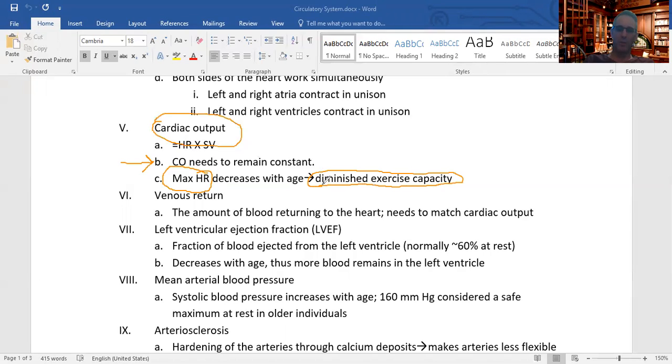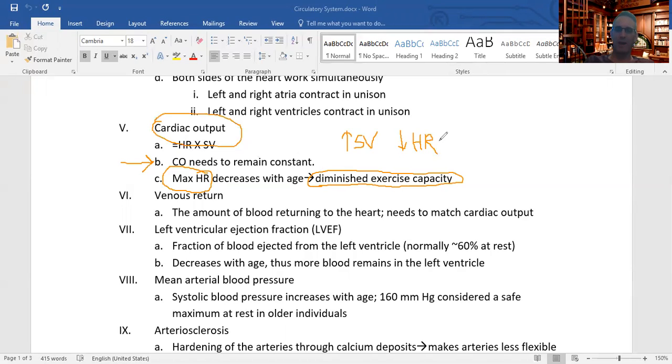But it also means that if you exercise and you have a stronger heart, meaning you can increase stroke volume, if cardiac output is going to remain constant and I now have a higher stroke volume, then I'm going to decrease heart rate. So when I multiply these two factors together, I still have the same cardiac output.